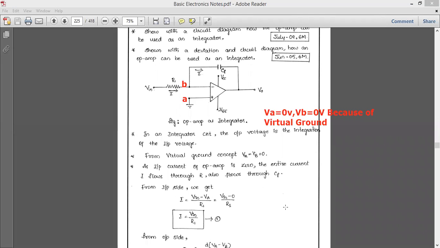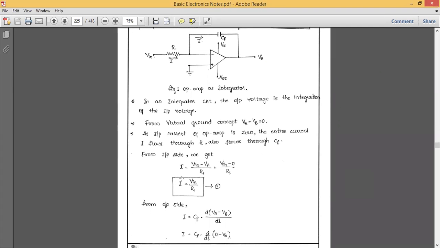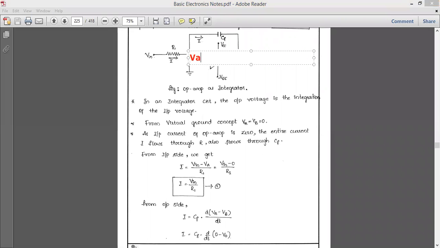The current flowing through the input side of op-amp is given by I equal to Vin minus Va. Let us consider the voltage at this point is Va and at this point is Vb.